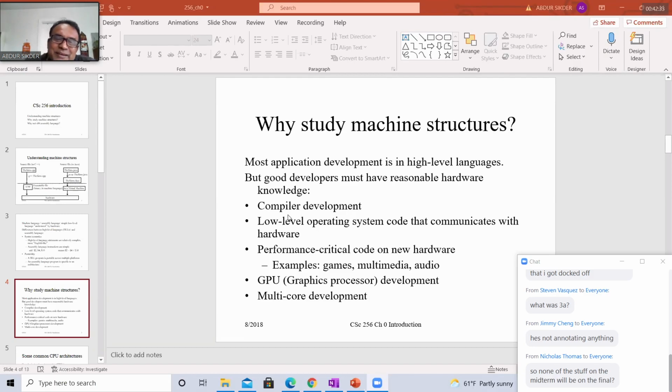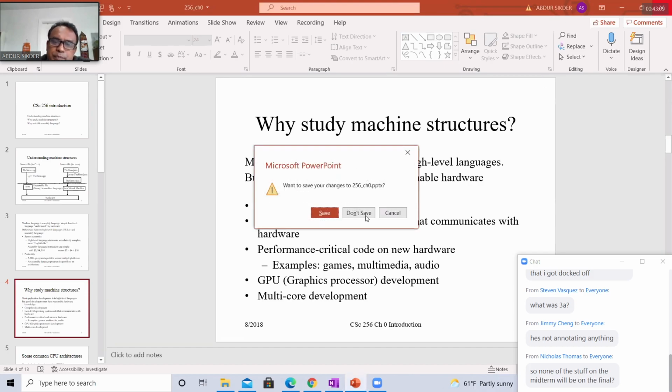Operating system course, low-level operating system. After this you take the low-level operating system course, and then performance critical code, new hardware, GPU design, multi-core development. That's the whole purpose of this computer architecture course, machine structure, we call it here. So if you're interested in this area, then you need to take that advanced course. Otherwise, you don't need to. That's why they didn't make it mandatory for computer science.